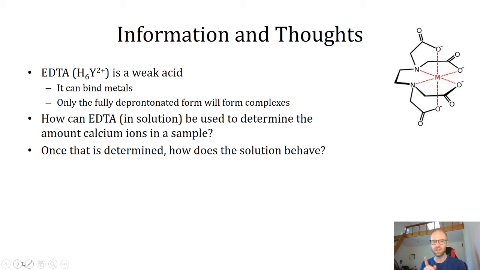The interesting thing, though, is that only the fully deprotonated form, as shown in this image, will bind. There are 6 binding sites, the 4 acetates and the 2 nitrogens, but they can only bind in a Lewis base sense if they don't have a proton attached to them, giving them that lone pair, giving them that high electron density.